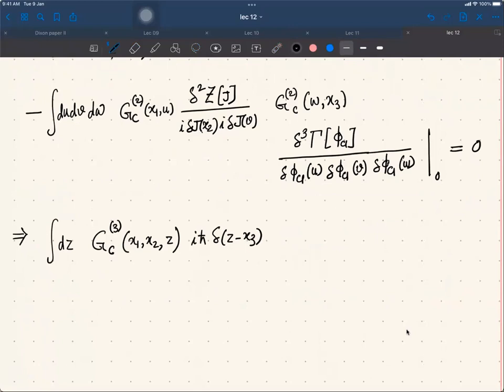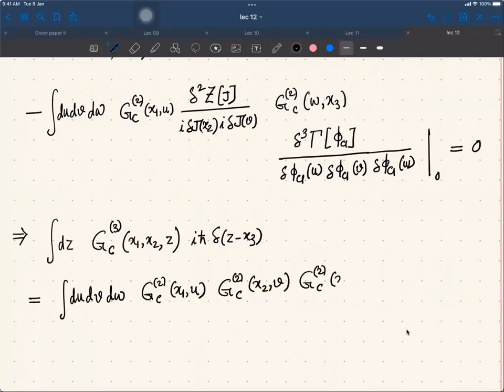On the right hand side, I'm taking the second term. What I should get is the integral du dv dw g2c x1 u. Then the middle factor is nothing but g2 x2 v. So g2c x2 comma v and g2c x3 comma w.